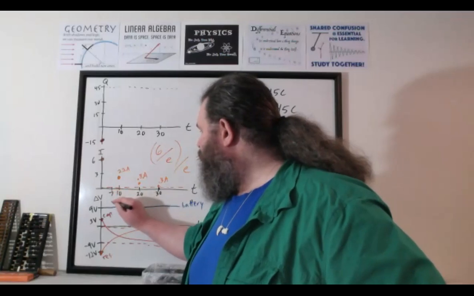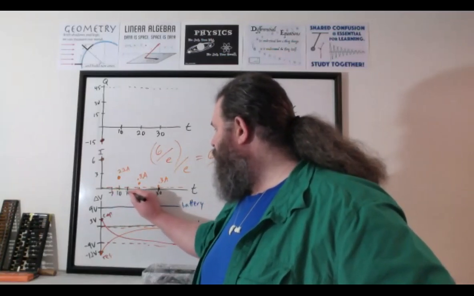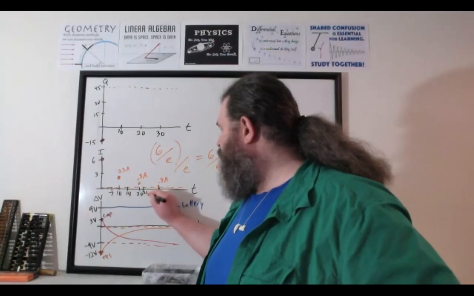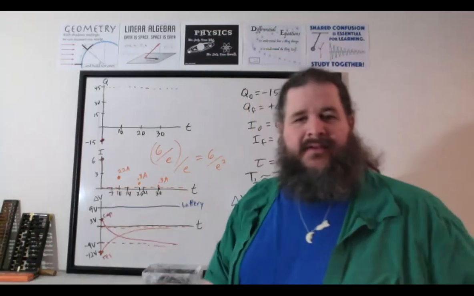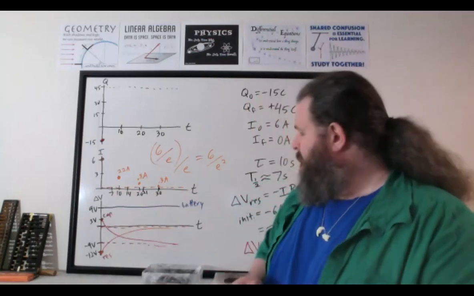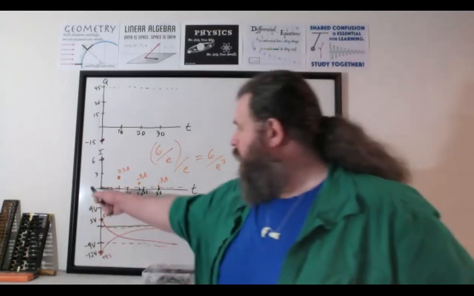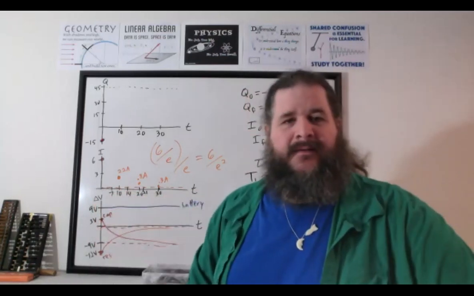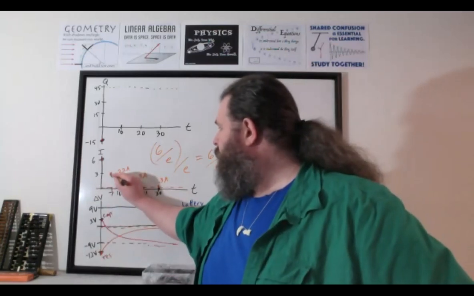So if I mark 7 seconds, and then also 2 half-lives would be 14 seconds, 3 half-lives would be 21 seconds. After 1 half-life, how much is left? We started with 6. 1 half-life later, how much is remaining? Yeah, 3 amps, half of the original.